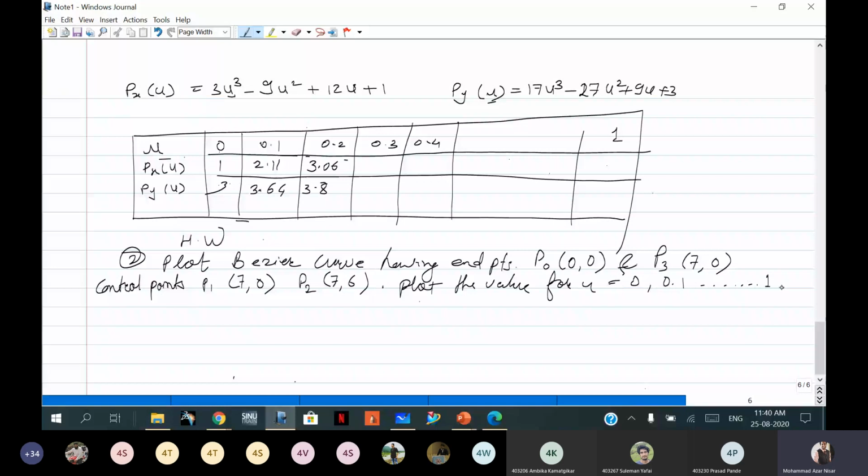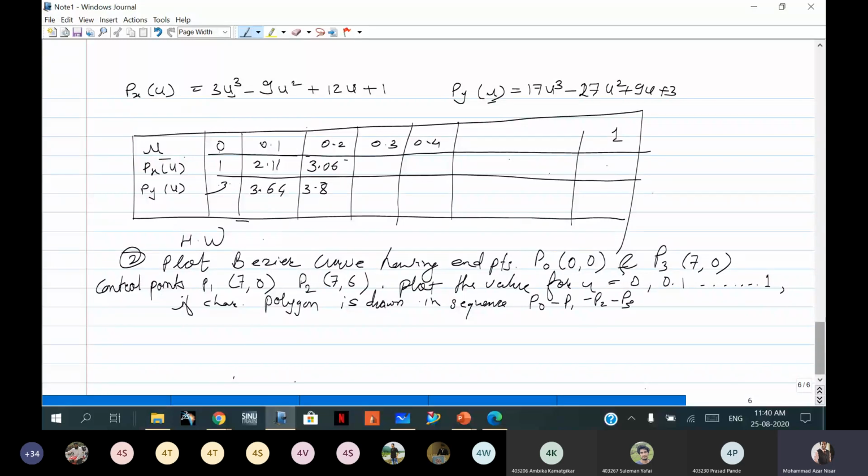The characteristic of the control polygon is that it is drawn in sequence, that is from p0, p1, then p2 and p3.